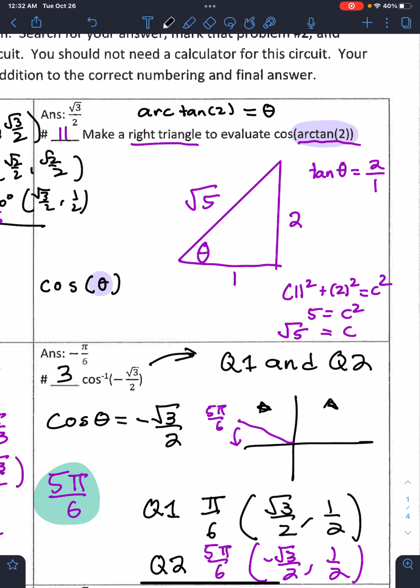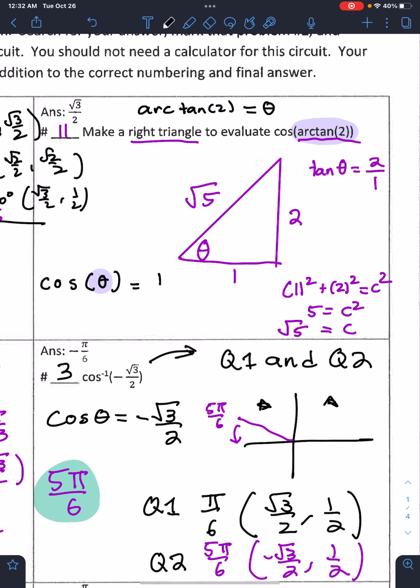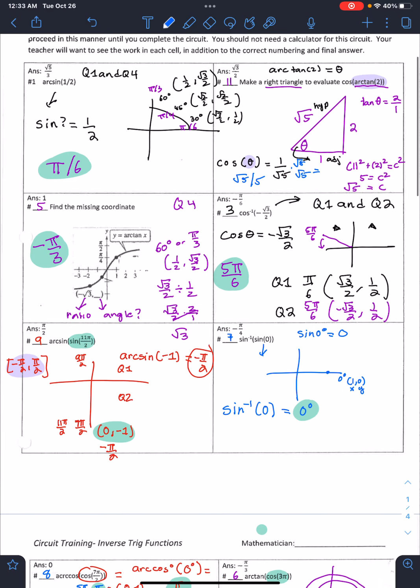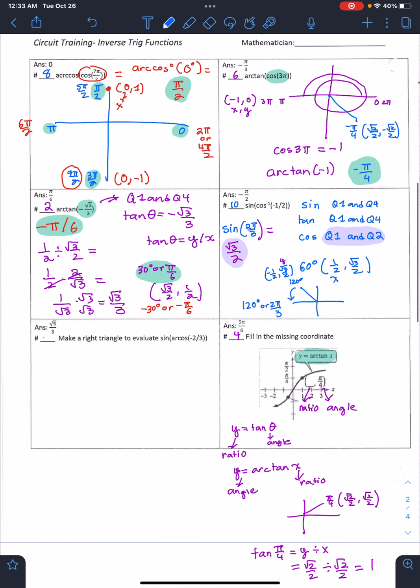And then once we find out whatever that angle theta is, cosine of theta is adjacent over hypotenuse, or your x value divided by your hypotenuse. So that's why this answer becomes 1 over square root of 5, because this is adjacent and this is the hypotenuse. And then I still need to rationalize it. And that's how you get the square root of 5 over 5. Which is one of our answers down here. And this would be question 12.